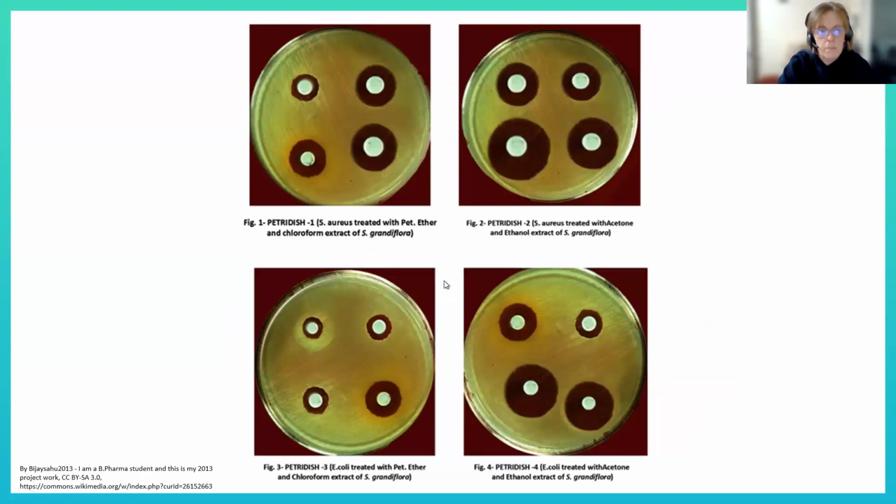So this is what it looks like in real life. So this is a bacterium called Staphylococcus aureus, which you've probably heard of before, because the Staphylococcus aureus is the SA bit of MRSA, which you've probably heard of, because that's a superbug. So those Petri dishes have been inoculated with Staph aureus, that's Staph aureus, that's E. coli, and that's E. coli.